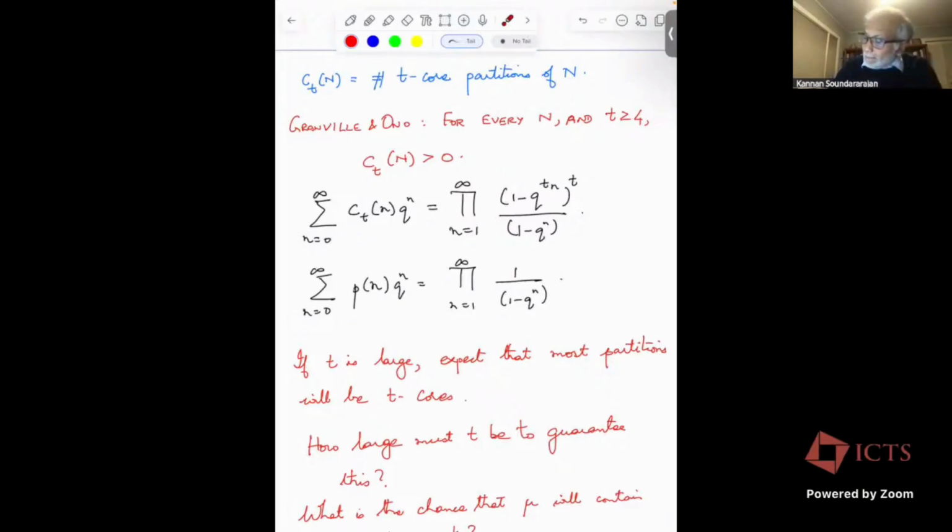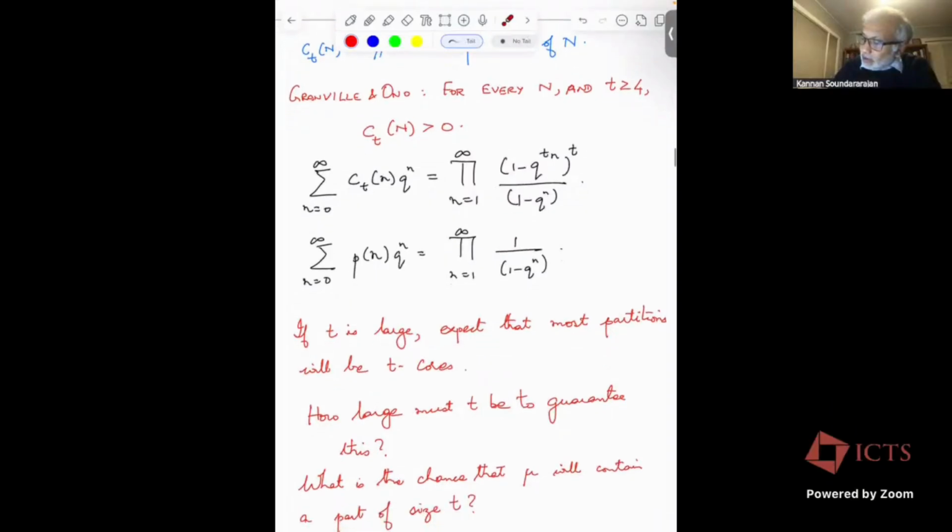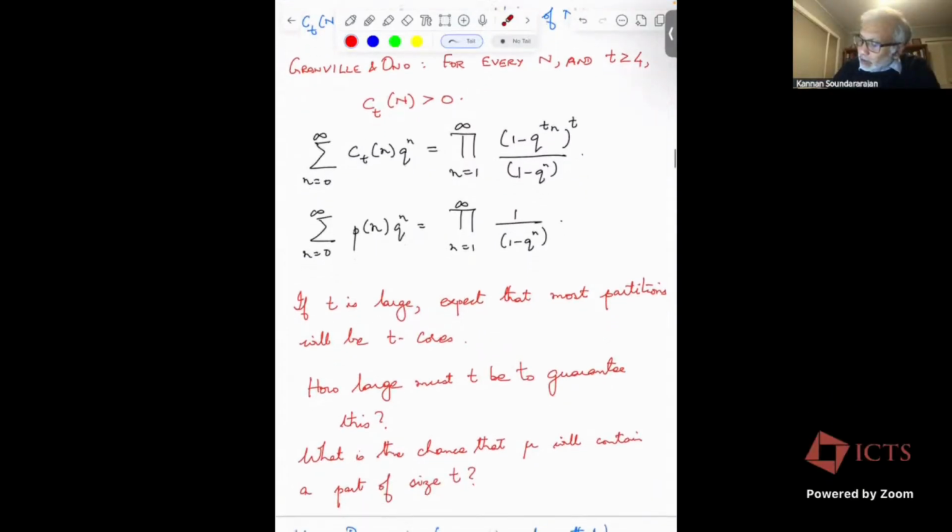Now, if I want to think of trying to get character values that are 0 or 0 mod p, I would like to find partitions mu where maybe the partition mu has a large part of size t, and I would like to understand how often a partition mu contains a part of a certain size.